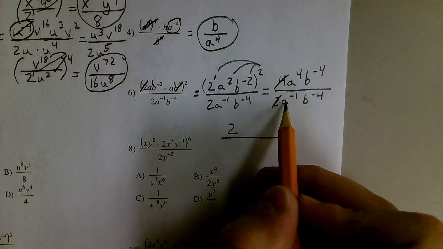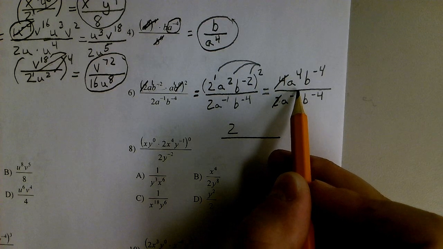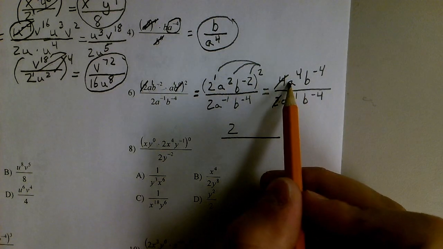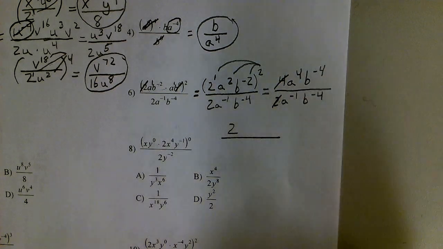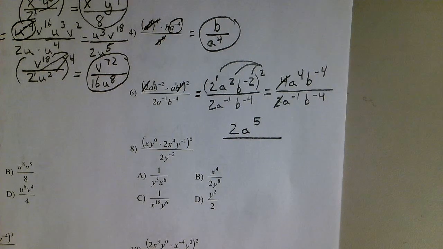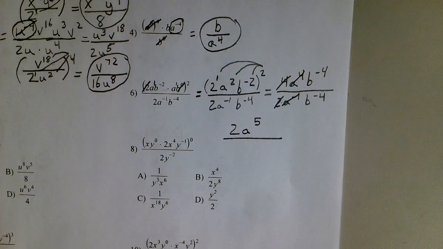I've got this a to the negative 1 here. I know I'm going to move that to the top and make it positive, so I'm going to add one more a to the top. So this is going to be a to the 4 plus 1, which is 5. So we're going to have a to the 5th up top. So that takes care of both of those in one step.